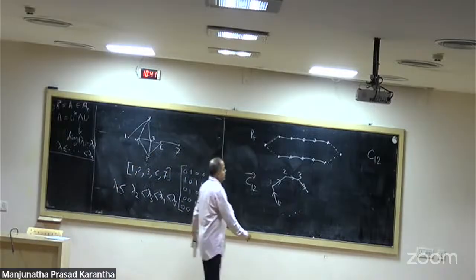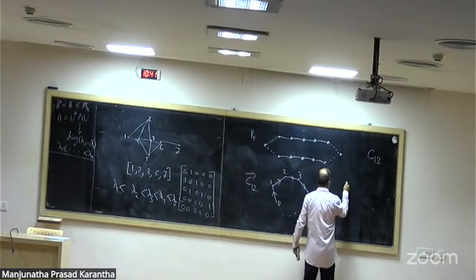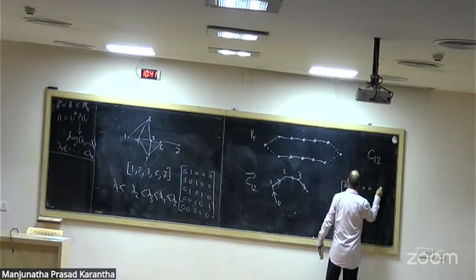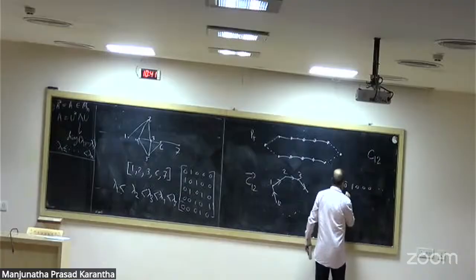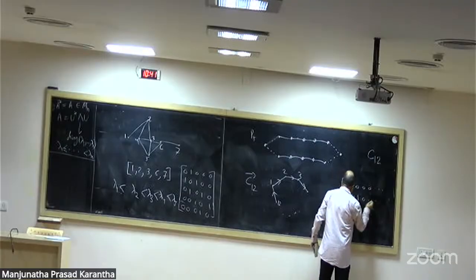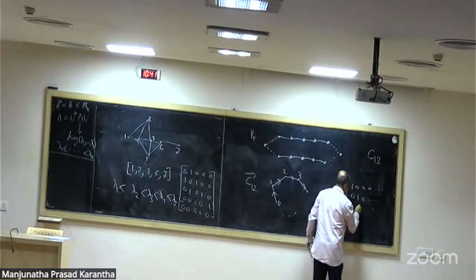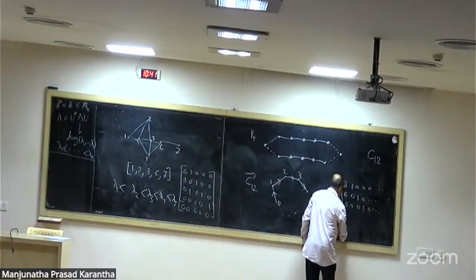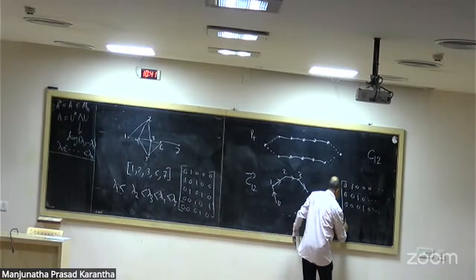Now, the adjacency matrix looks like this one. 1 goes to 2, 0, 0, 0, then 2 goes to 3, 3 goes to 4, and everything, and then 12 goes to 1.